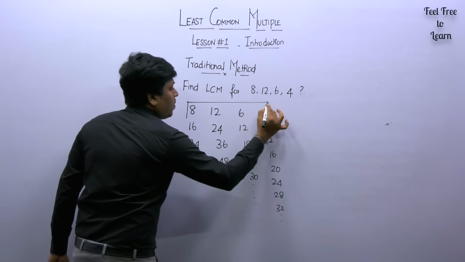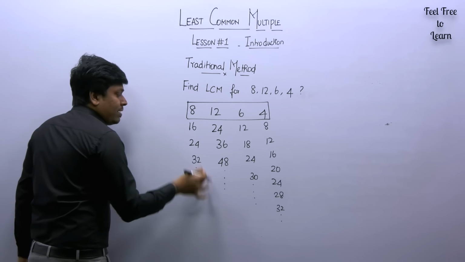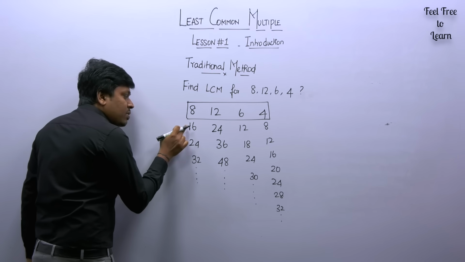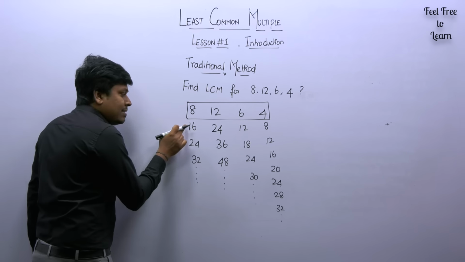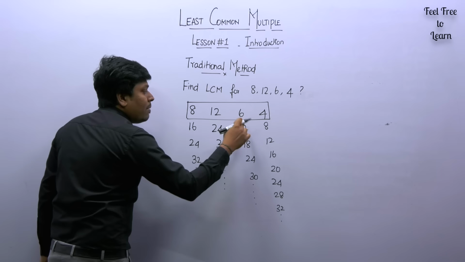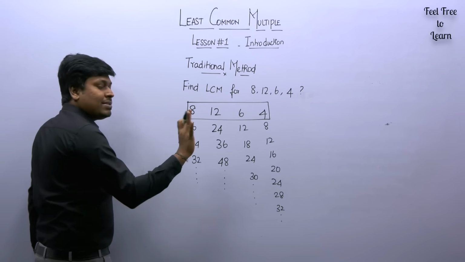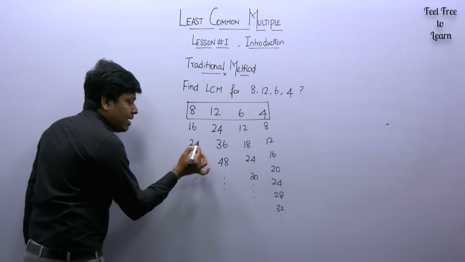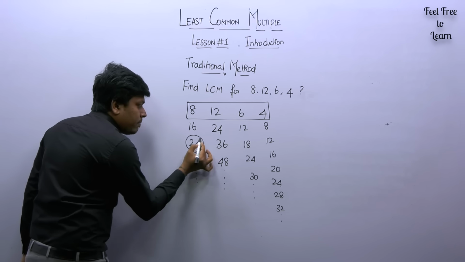So this is the numbers they have given. Got it? So we have written all the multiples here. You can see 16 is common in the multiples of 8 and 16 is common in the multiples of 4. But the number 16 is not common in 12 and 6. So 16 is not an LCM. Let me take any other number. When you take the number 24, listen here, 24, got it?